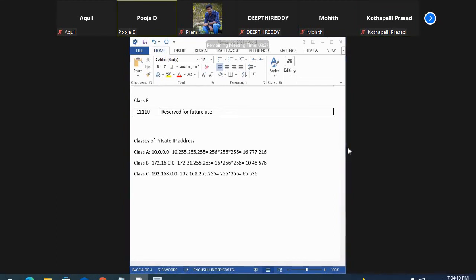Just give me a second. IP address ranges. Quickly I will show you the ranges we took yesterday. The same ranges I will show you. Just give me a second.